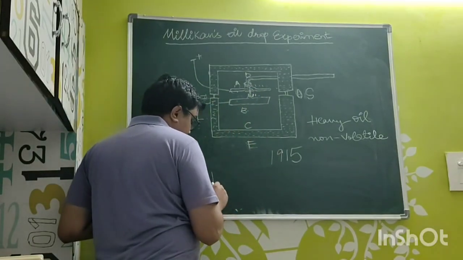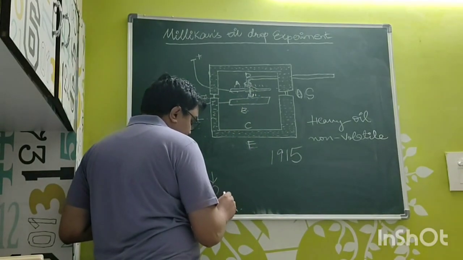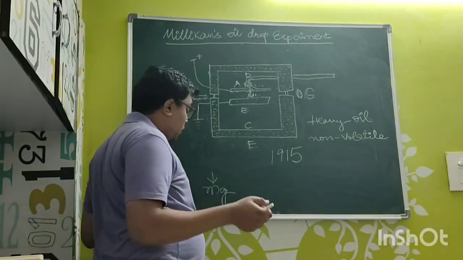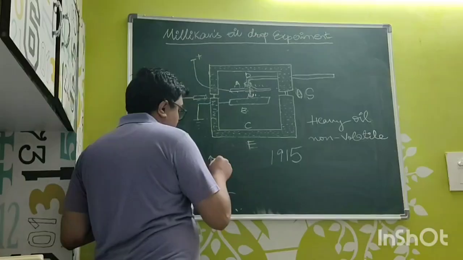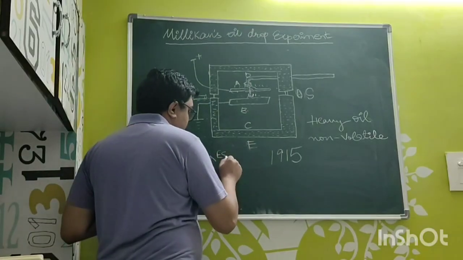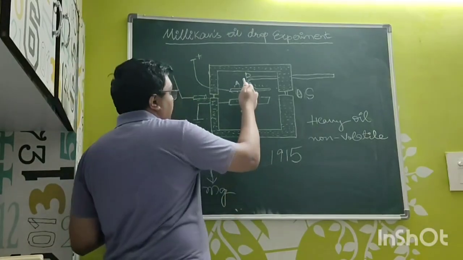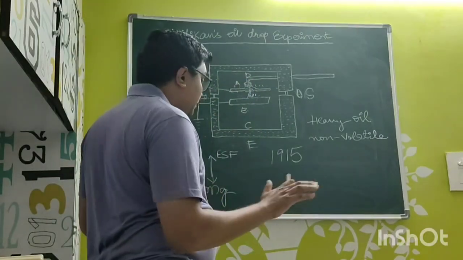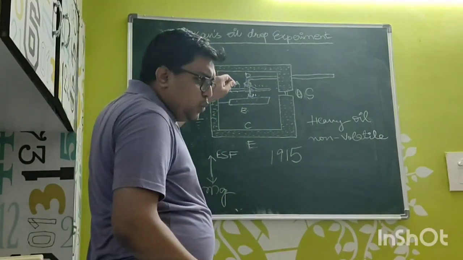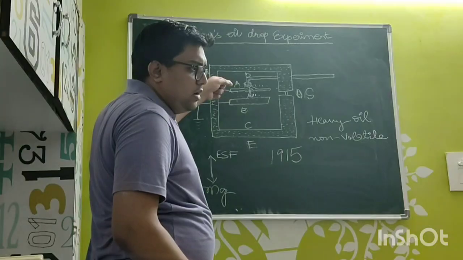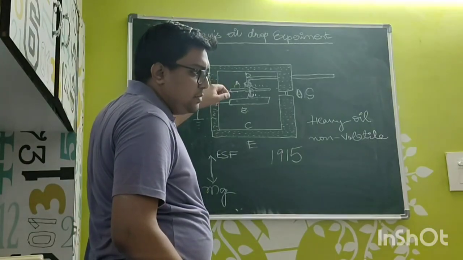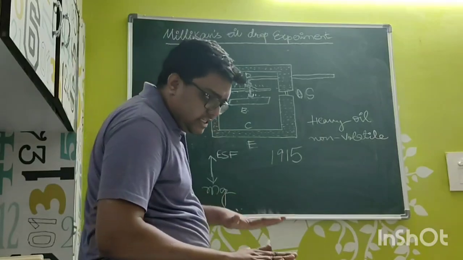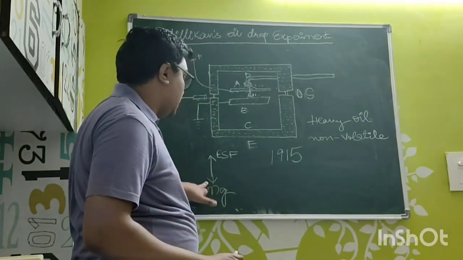Two forces are acting: one is mg, the weight of the small heavy oil particle, and the other is the electrostatic force of the high tension brass plate A. You have tuned the plate to the correct electric field at which the drop is just suspended. So these two are equal.